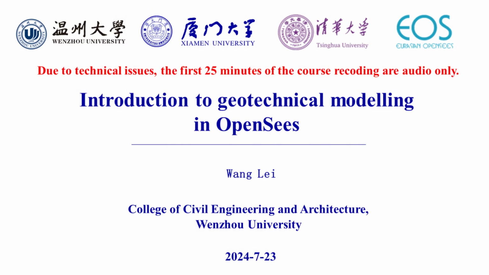This one means fixed, and if the value here is 0, it means that the DOF is free. So here we fix all the nodes at the base. Then we should define the material used in the soil part.